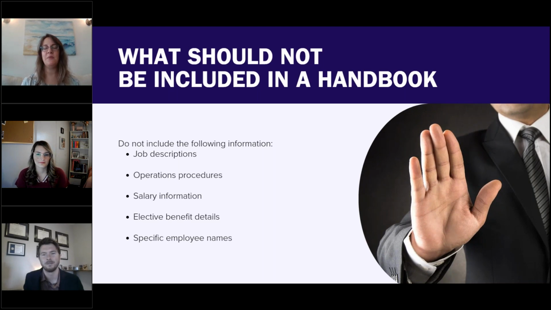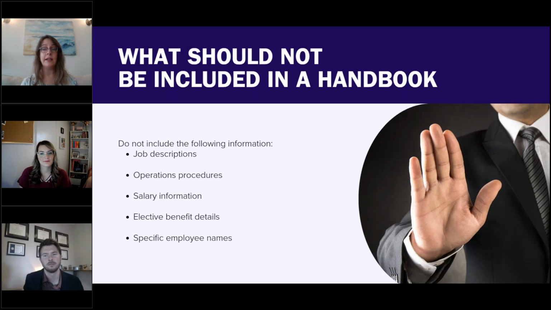However, as was said at the beginning of the webinar, an employee handbook should contain information related to companies' HR and payroll policies. It should not include things like job descriptions. Job descriptions are great to have as separate documents. They're often changing and evolving as the company grows, so they don't belong in the handbook. Operations procedures, so steps on performing individual job tasks, do not belong in the handbook.